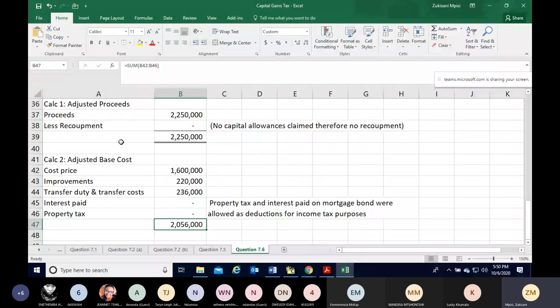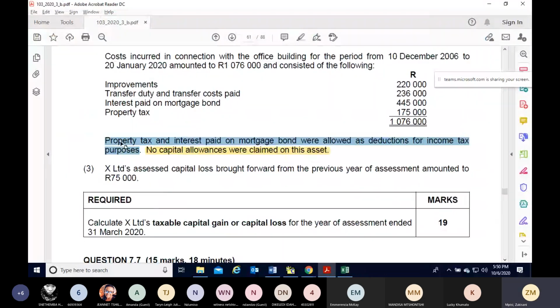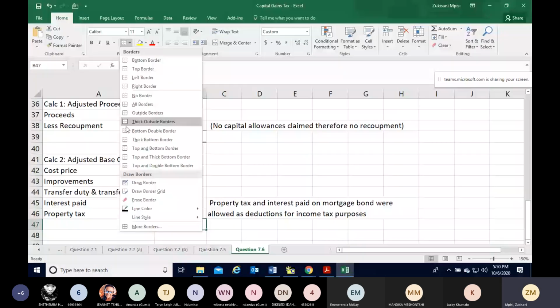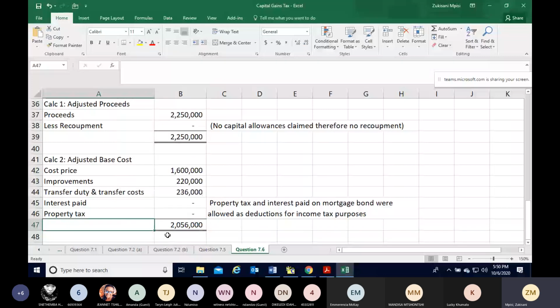So remember, that will basically be the calculation of your base cost, 2,056,000. You have already been told no capital allowances have been claimed, so we do not have to calculate the tax value. Then this becomes 2,056,000.